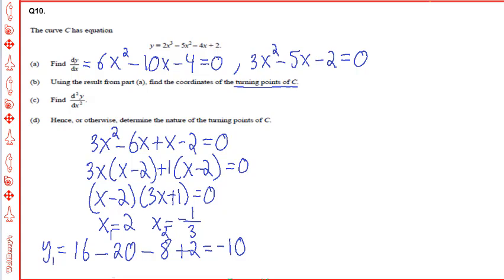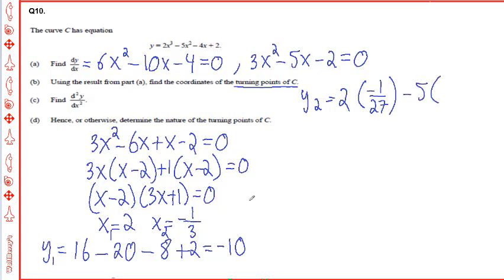Let's find the other one, a bit more challenging because you have a fraction here, but we can go ahead and do it anyway. So y2 is equal to 2 multiplied by minus 1 over 3, all to the power 3. It's going to be minus 1 over 27, minus 5, x squared. That's our x.